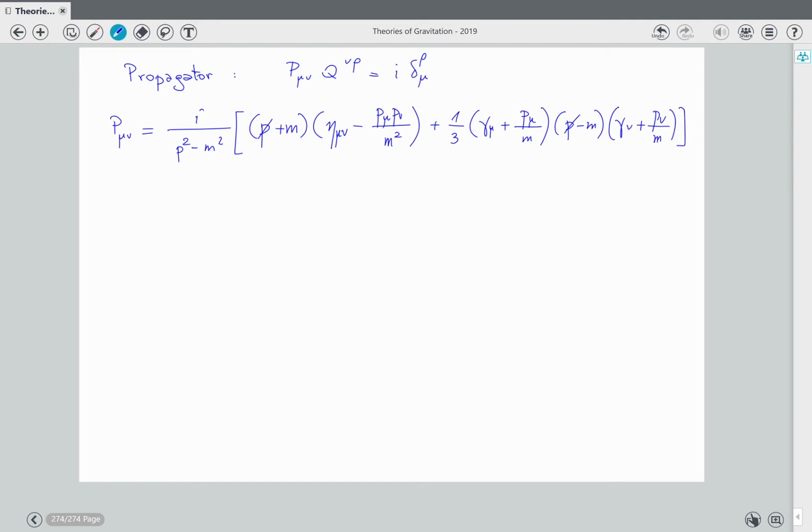And okay, there is a pole, but we want to show that there is no pole when we contract with p or gamma. And actually, again, this is a way to build the propagator.